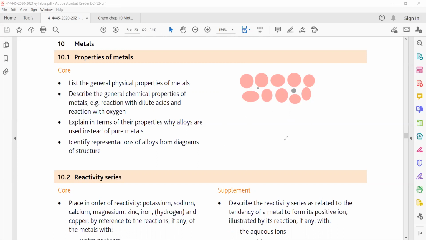And alloys are generally harder. Why alloys are generally harder? Because different size layers, different size of particles, more friction between the layers, and the layers cannot slide over each other.